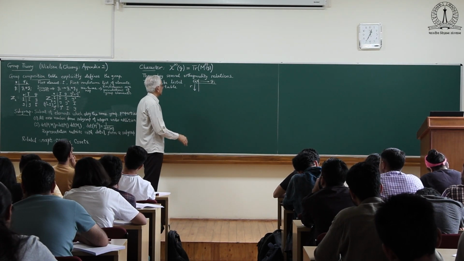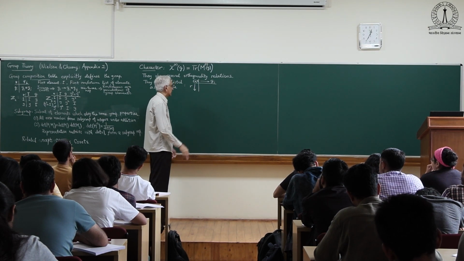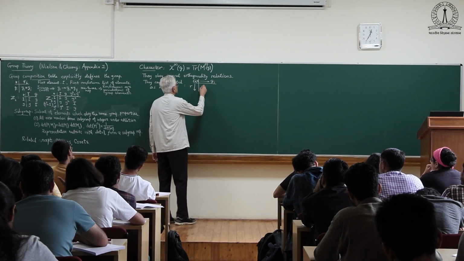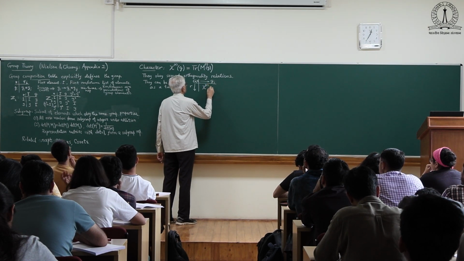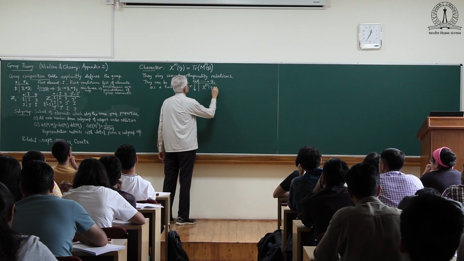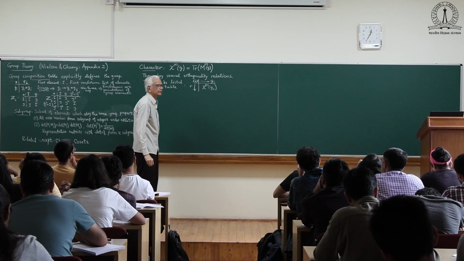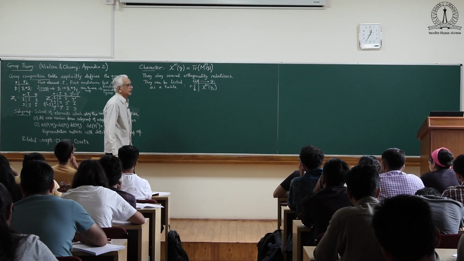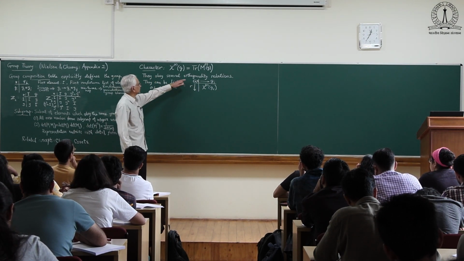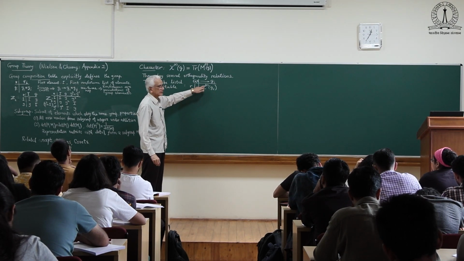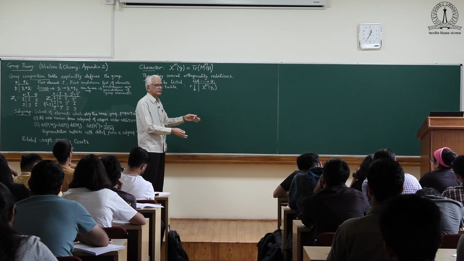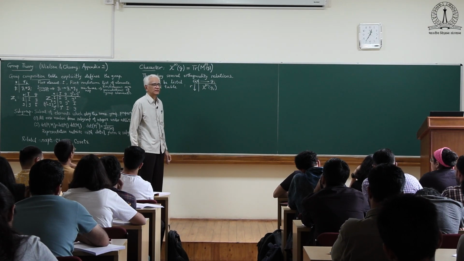There can be many representations of the same dimension also. And what is listed here is chi of R of G n. And various orthogonality relations then correspond to, this looks like again a matrix, how are the rows related, how are the columns related.